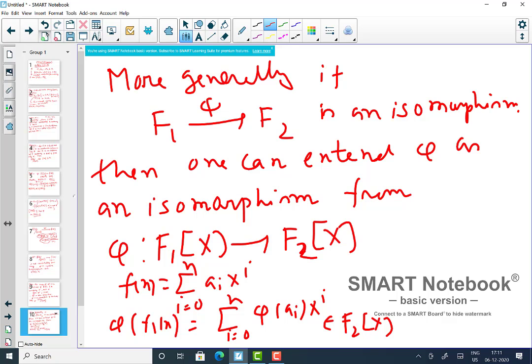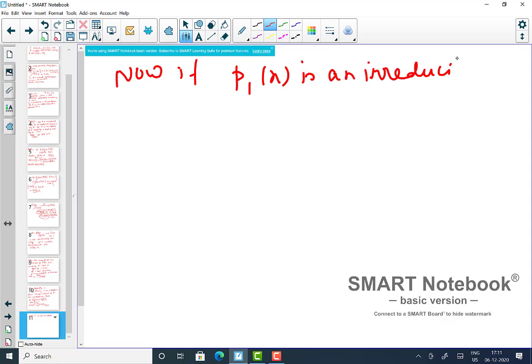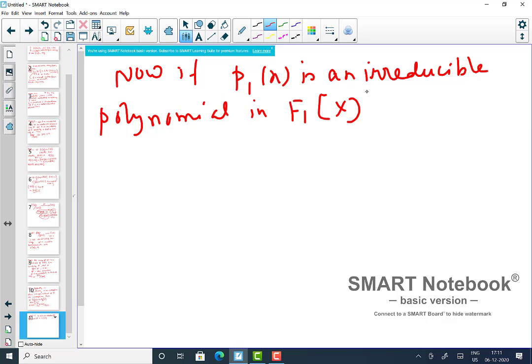Now if you start with an irreducible polynomial p1(x) in F1[x], the question is: can you find an irreducible polynomial under this map?